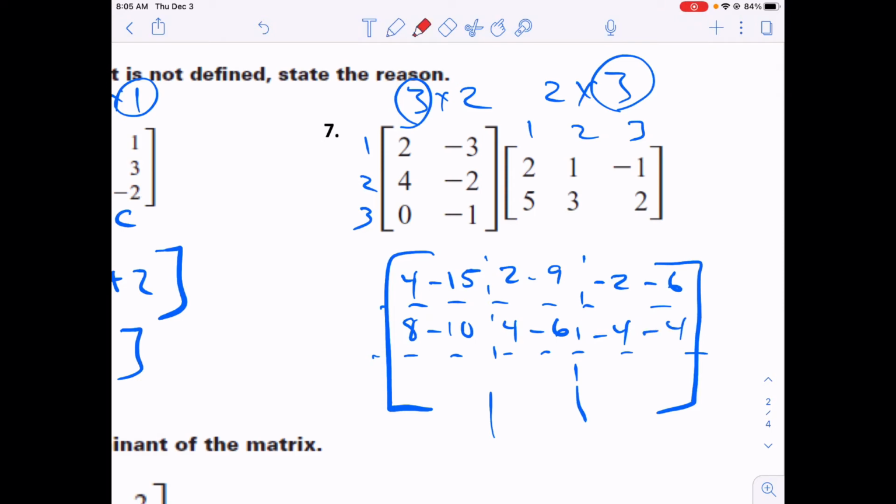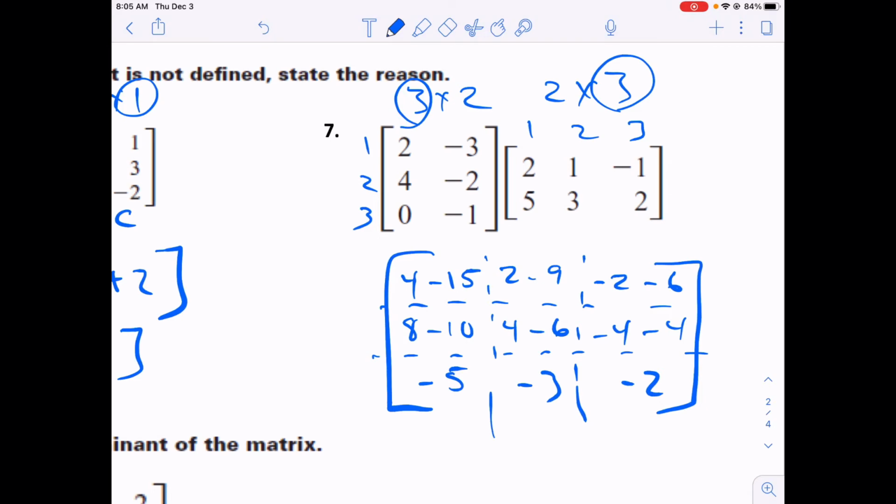Now I'm into the last row and first column. So 0, that's great, negative 1, negative 5. Just negative 5, because the 0 cancels that out. And then negative 3 over here, because again the 0 cancels out. And the last one is negative 2, because again the 0 cancels out.